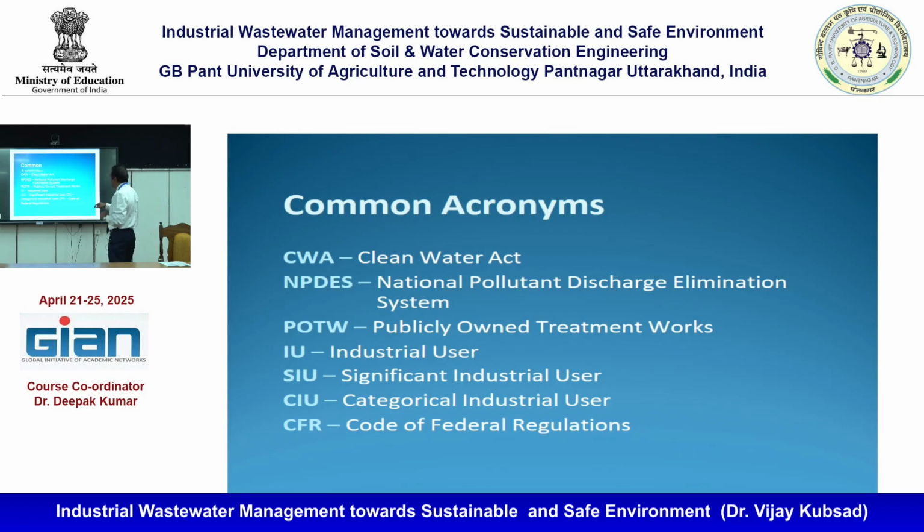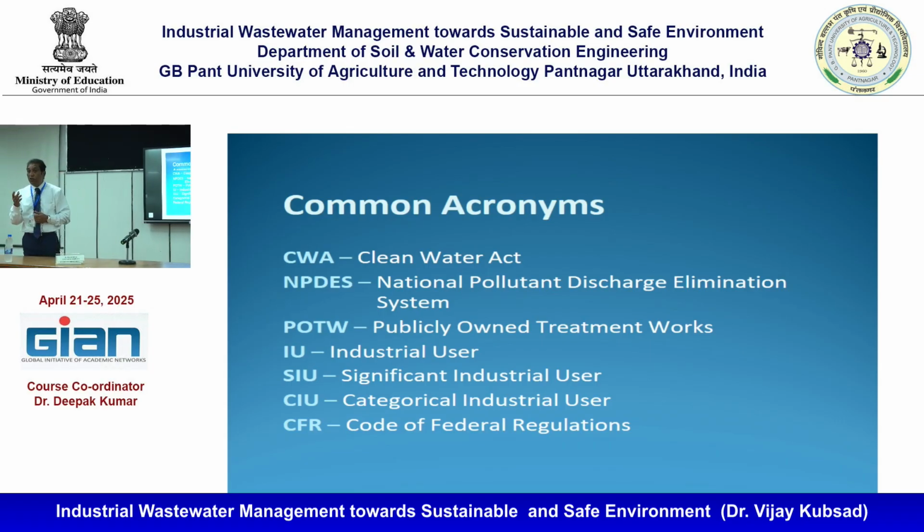And categorical industry, in the sense some of the industries, especially metal industries, metal cutting industries, chrome industries, they are called categorical industries. These categorical industries may be discharging a small quantity, maybe 2,000 liters or 5,000 liters or 10,000 liters, but they are discharging very toxic, concentrated wastewater. Quality and quantity, there are two aspects, right?